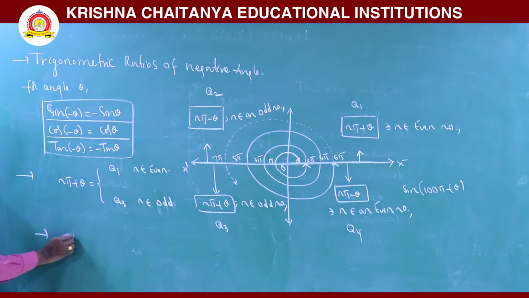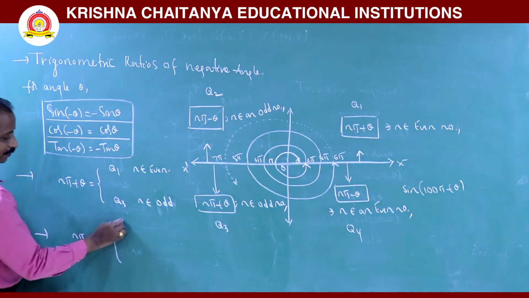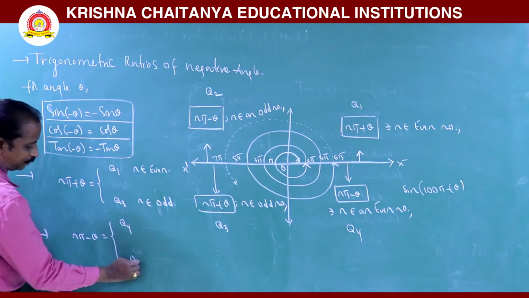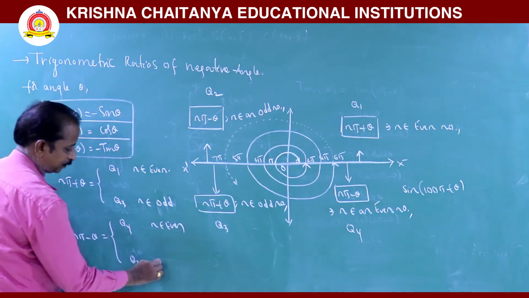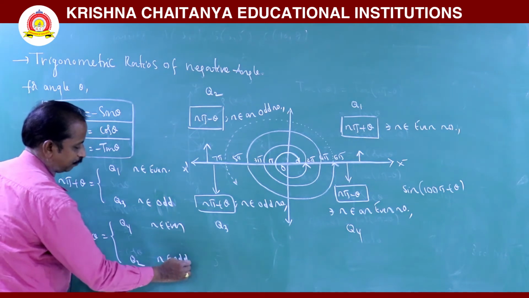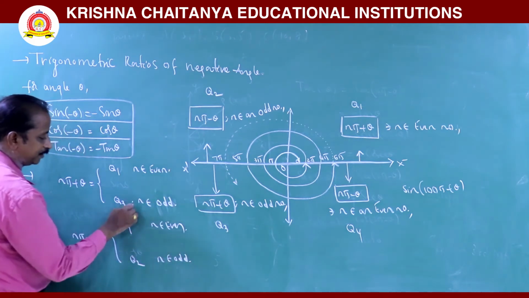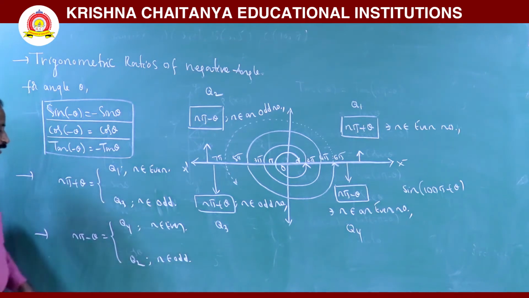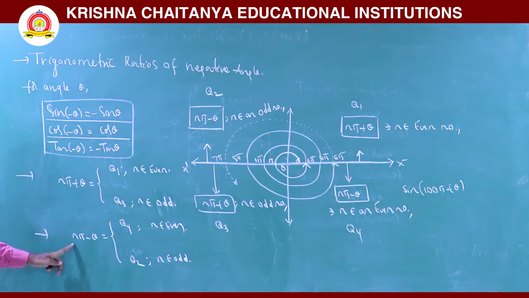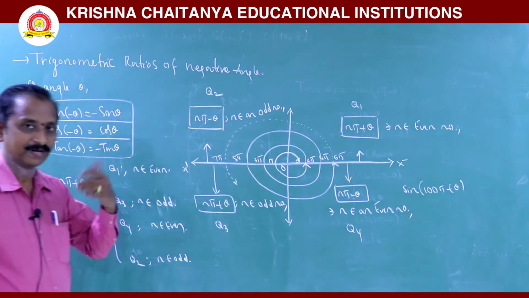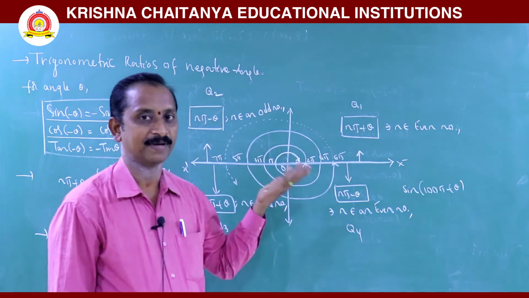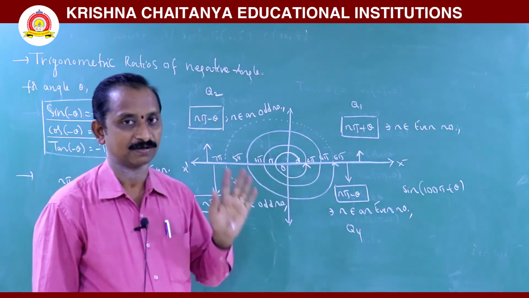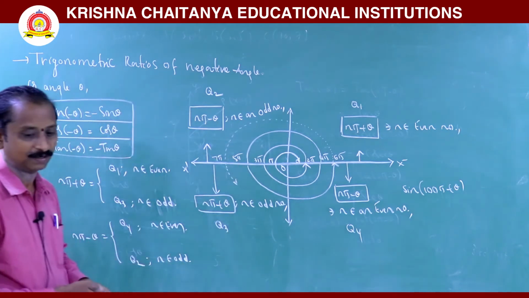Next, in a similar manner, n pi minus theta: if n is even, quadrant 4; if n belongs to an odd integer, quadrant 2. So once again, n pi plus theta, n pi minus theta: even number of pi plus, quadrant 1; even number of pi minus, quadrant 4; odd number of pi minus, quadrant 2; odd number of pi plus, quadrant 3. So this is one of the objective techniques.